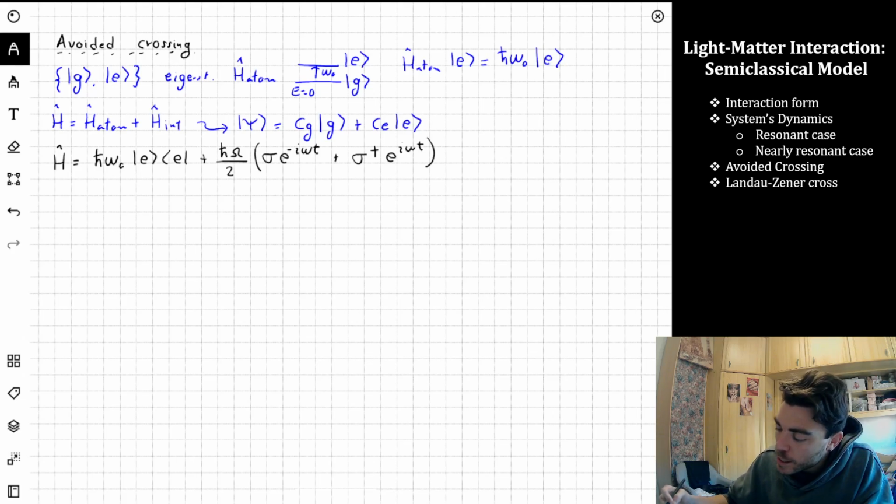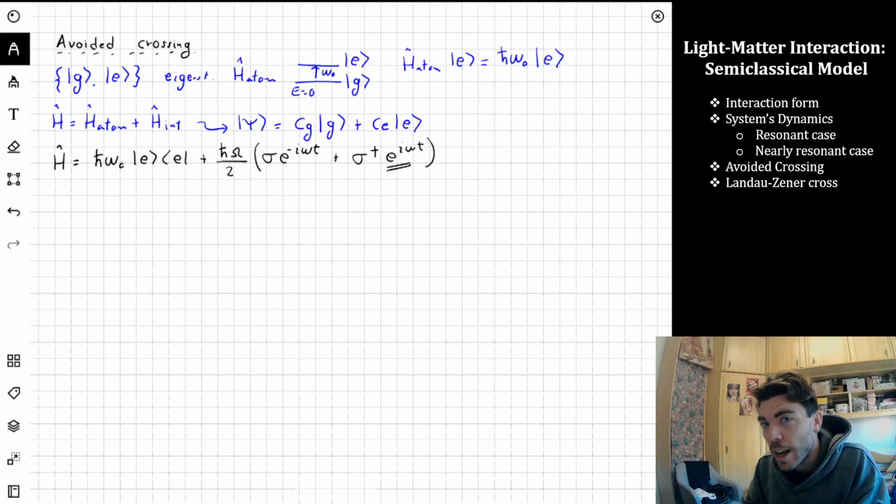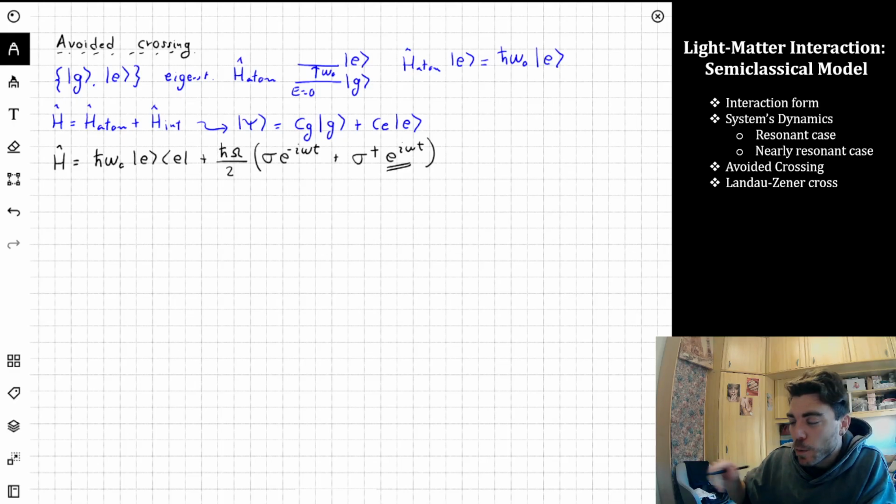Now diagonalizing this Hamiltonian is a bit annoying because of this explicit time dependence. But we can get rid of it. We did that for the coefficients, and I said that this was called transforming into a rotating frame that was going with omega.